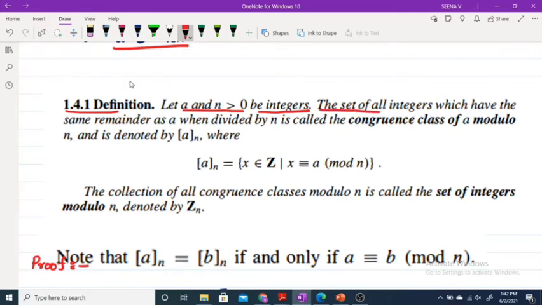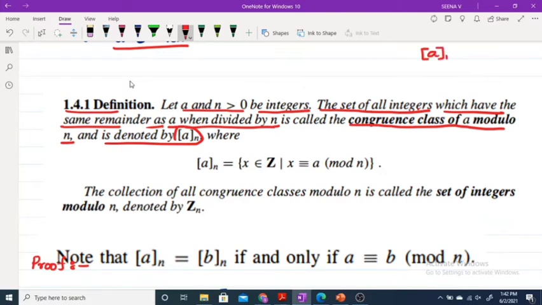Now the set of all integers which have the same remainder as a when divided by n is called the congruence class of a modulo n, and it is denoted like this.